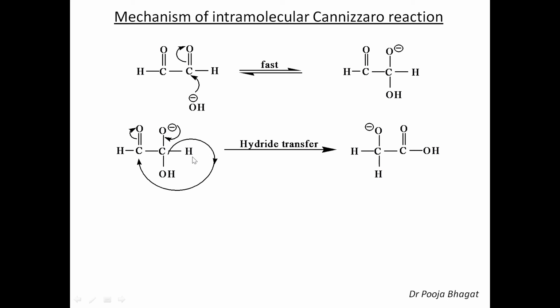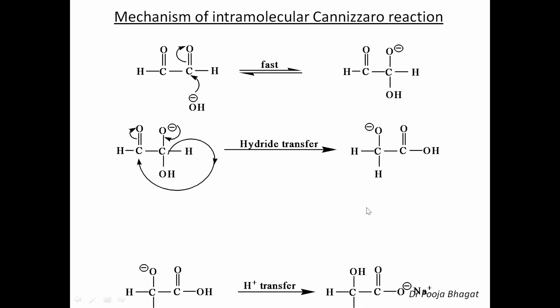The hydride ion will shift from this carbon to the other carbon within the molecule. So H negative will attack this carbon and the pi bond will shift towards the oxygen. So what will you get? Look at the structure. Here you will have a double bond, this is OH, here it is CH2O negative, and acid.